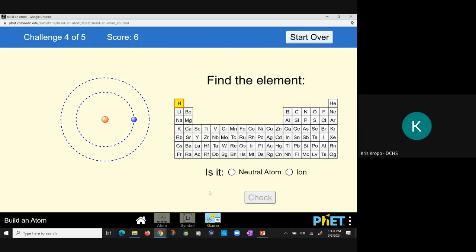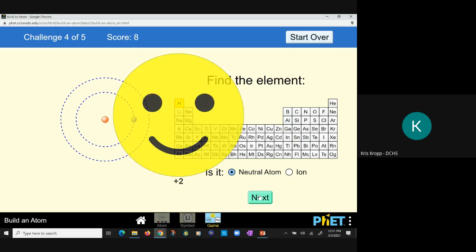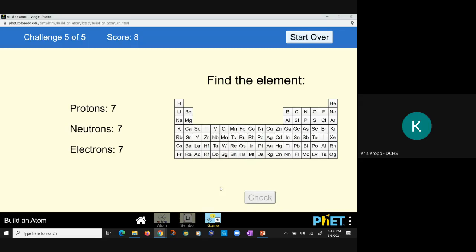Atom or ion? Natalia is saying it's an atom. Let's check. Bingo. It has the same number of protons and electrons. Therefore, it's an atom. All right, last question.